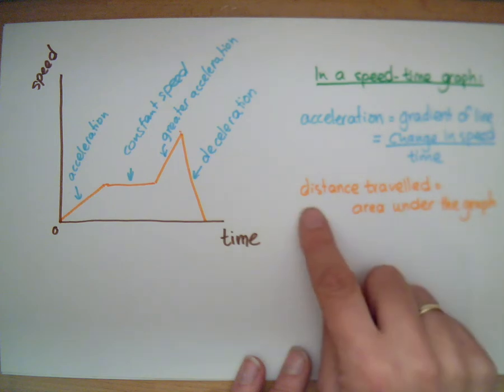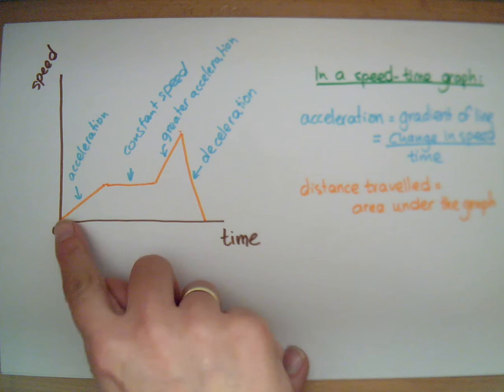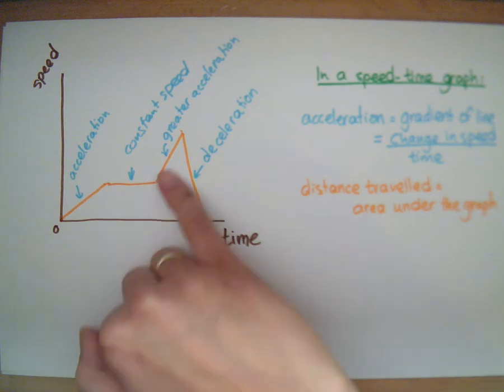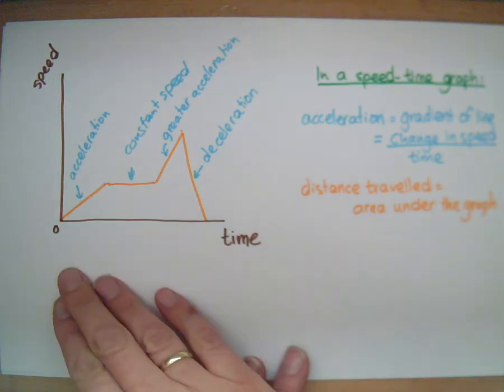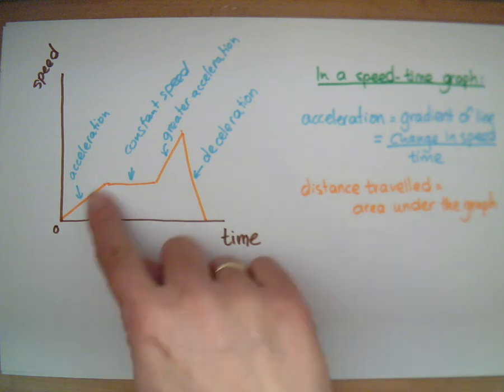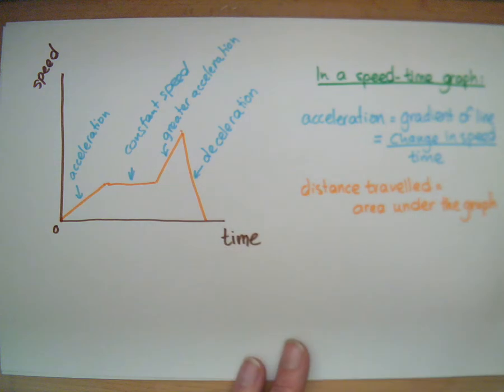Another thing you need to know is that the distance we traveled is the area under the graph. You can write that down, but I'll explain it in just a minute. Yes, the distance that we traveled, because distance is not plotted anywhere here. We have to calculate it. And we're going to find out that the way to calculate it is actually by finding the area under the graph.